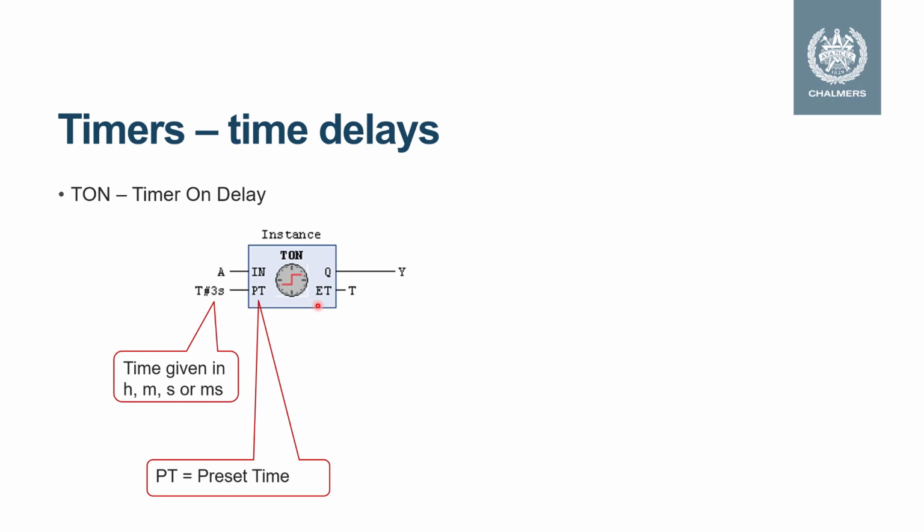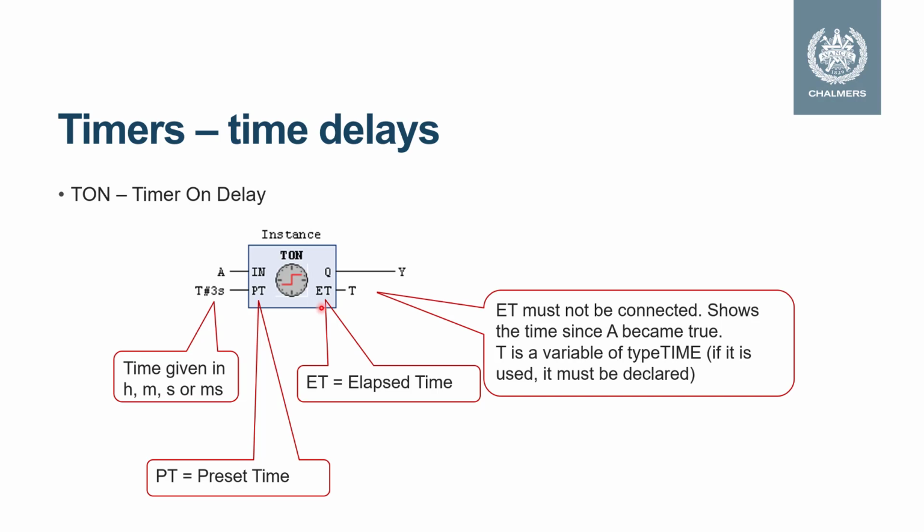Here is also ET, elapsed time. It shows how much time has passed since the clock started. This ET variable does not need to be connected, but if it is connected, like here, to T, the variable it's connected to, T, must be declared and be of the type time.